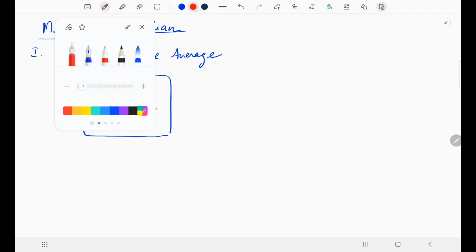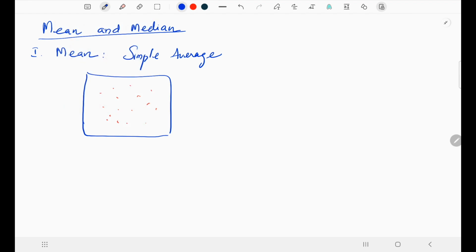So mean will be the center value where the other data are scattered or spread out around the mean. While the mean is calculated, all values are used in the calculation.